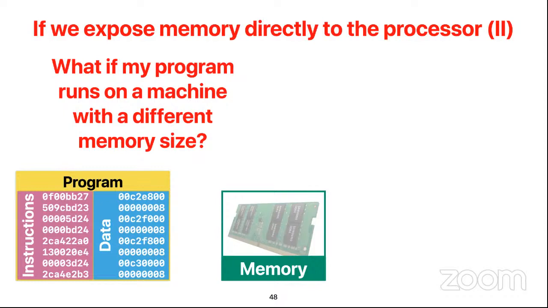So we need some kind of abstraction to at least guarantee that the program will be runnable on the other machine. Like Google's example, even though Chrome is developed on a 32 gigabyte machine, it does run on an 8 gigabyte machine, just slower. That's another issue, but there is something else to manipulate your memory, to make sure that a program developed on one machine with larger memory will work on another machine with smaller memory.